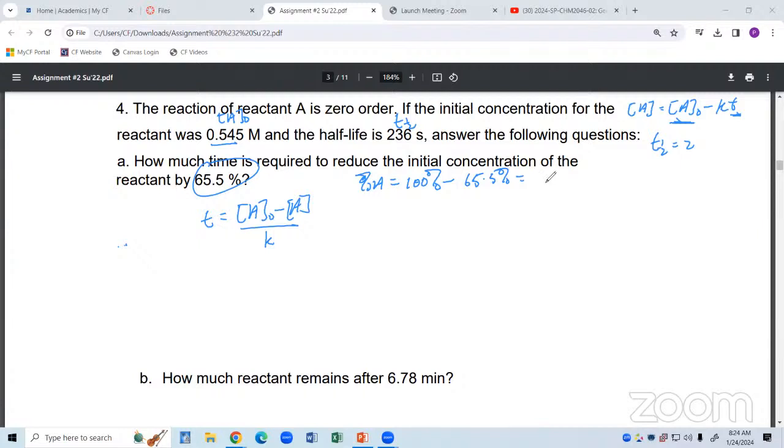So that'll be 34.5%, all right? So that means that the concentration of A would be 34.5% times the initial concentration. 34.5% multiplied by the initial concentration, which is 0.545 M. What does that give?